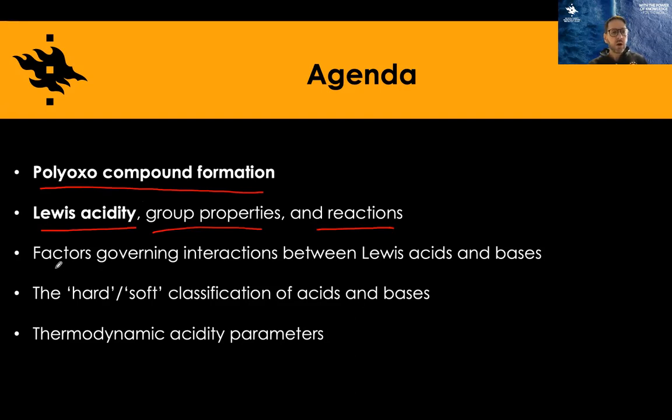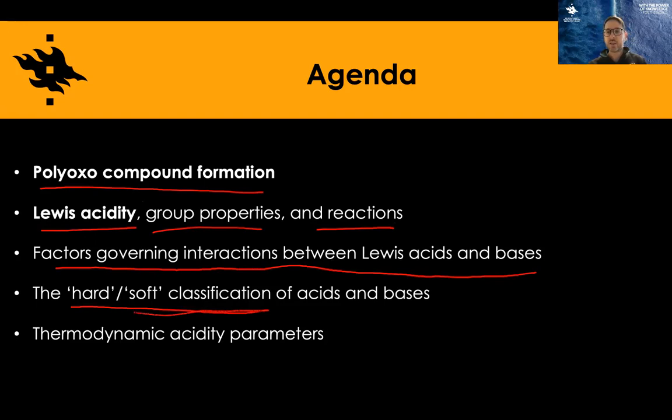We will cover some important factors governing interactions between Lewis acids and bases. Then we will talk about the hard-soft classifications of acids and bases, in which hard and soft interactions play a very important role.